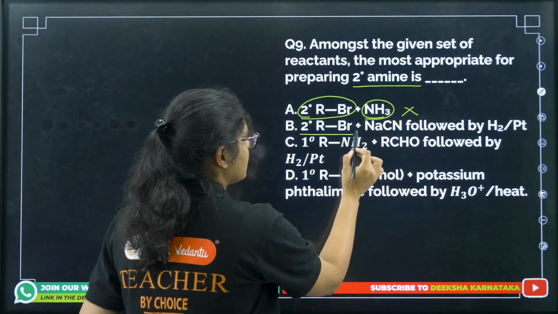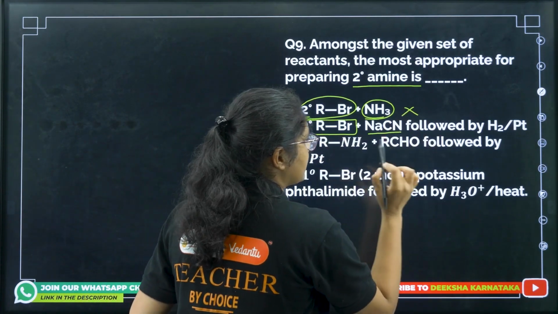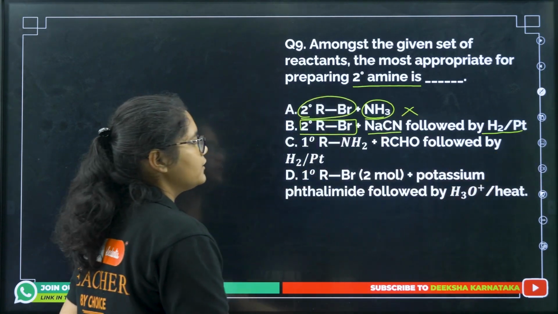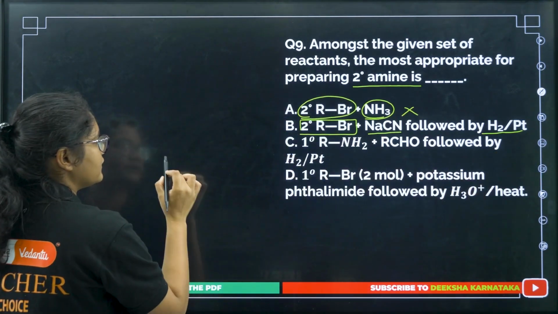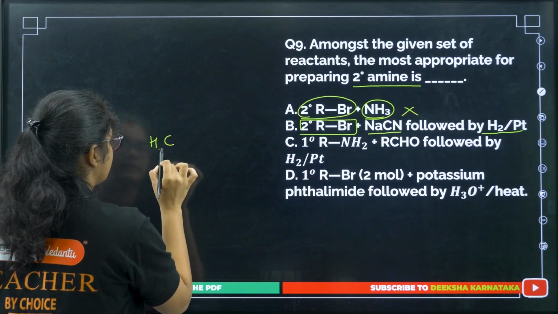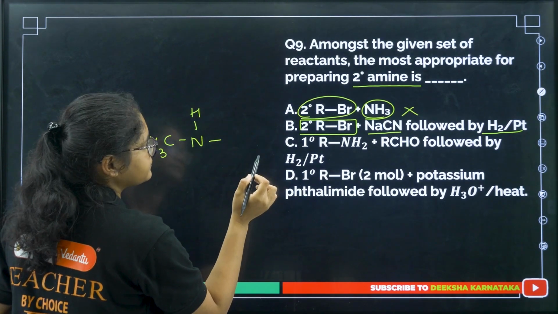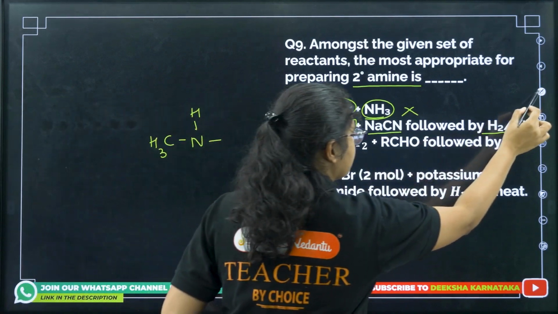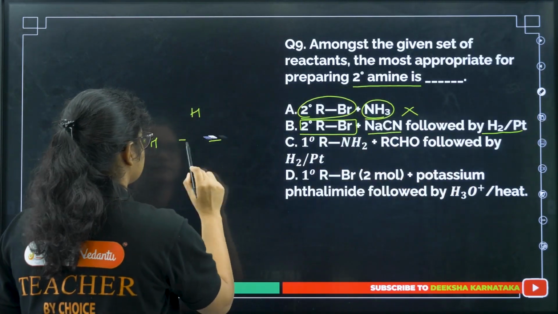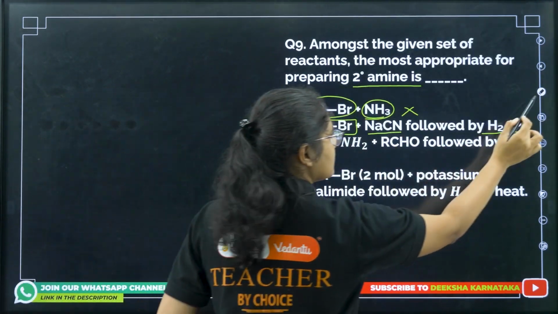Now if you take secondary RBr and treat it with NaCN followed by H2 palladium, then you will get primary amine only. Suppose I take NH and secondary haloalkane, right? So we'll see option number B first.